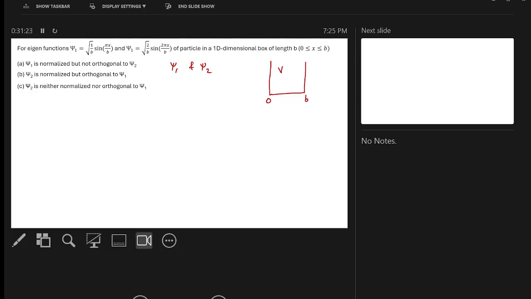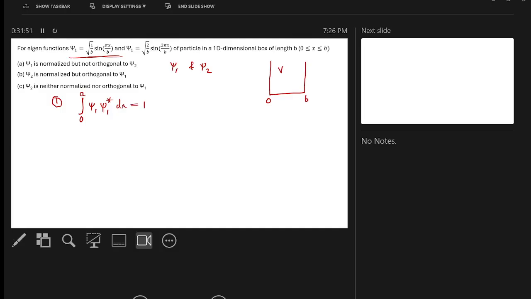First, the normalization condition: is the first function satisfying it, i.e. is the integral of psi1 star psi1 dx from 0 to a equal to 1 or not?